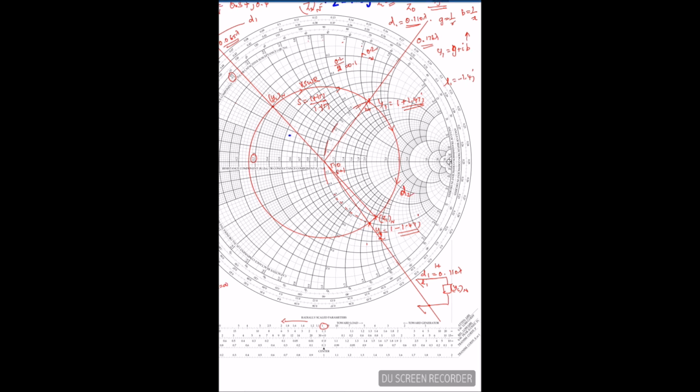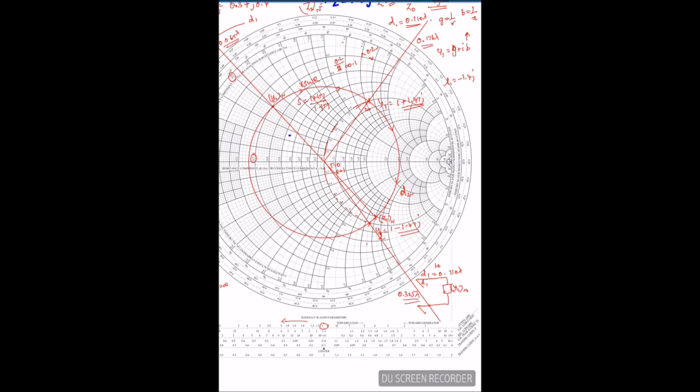Okay, so the initial wavelength of the load I know is 0.065. What is the wavelength of the second distance from the outer scale? I can mark this point as approximately 0.325 lambda.